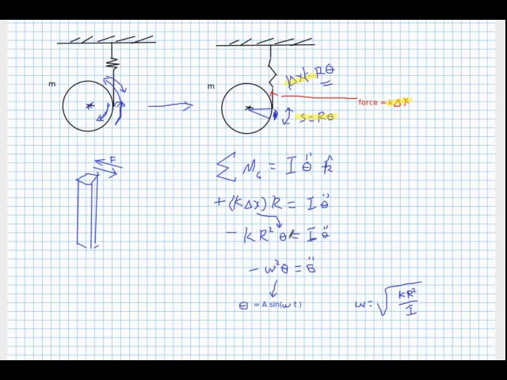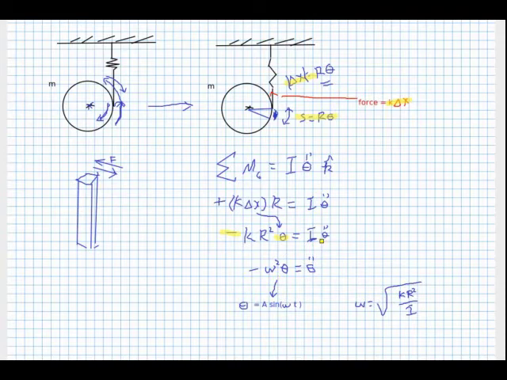If I rotate with a negative angle, meaning a clockwise change in the angle, then I'm going to get a positive force or a positive moment. On the other hand, if I rotate with a positive angle, then the spring will get compressed and I'll get a negative force. So this negative sign is important here.